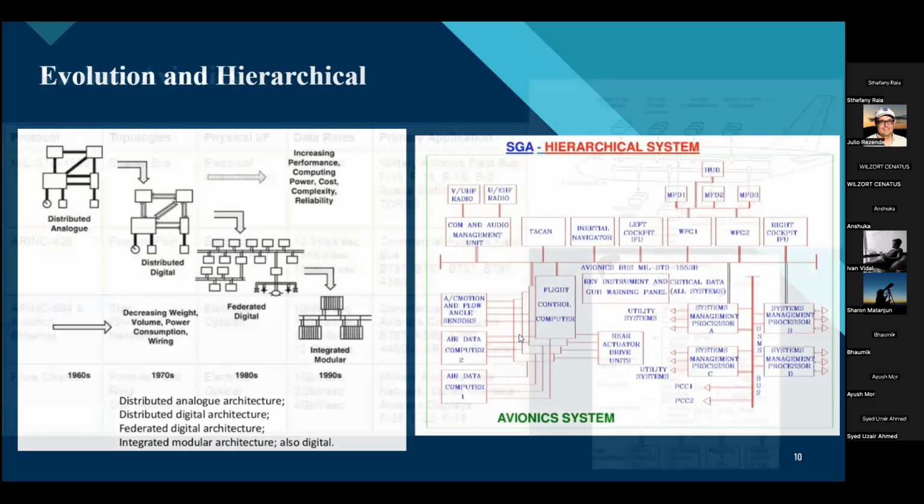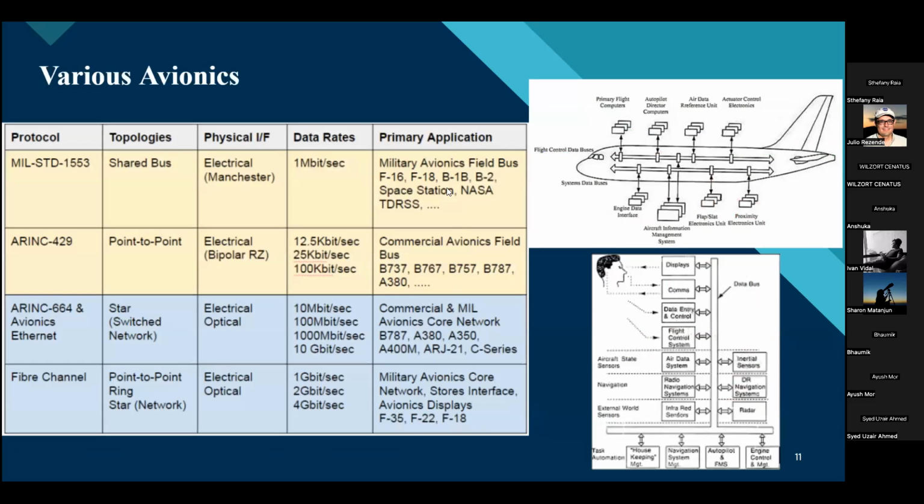And then moving on, we have the various data buses and protocols. We have MIL-STD-1553. It's a shared bus, and we have the various data rates to it and its applications. It's basically used for military avionics, whereas ARINC 429 is point to point, and it's bipolar RZ electrical.